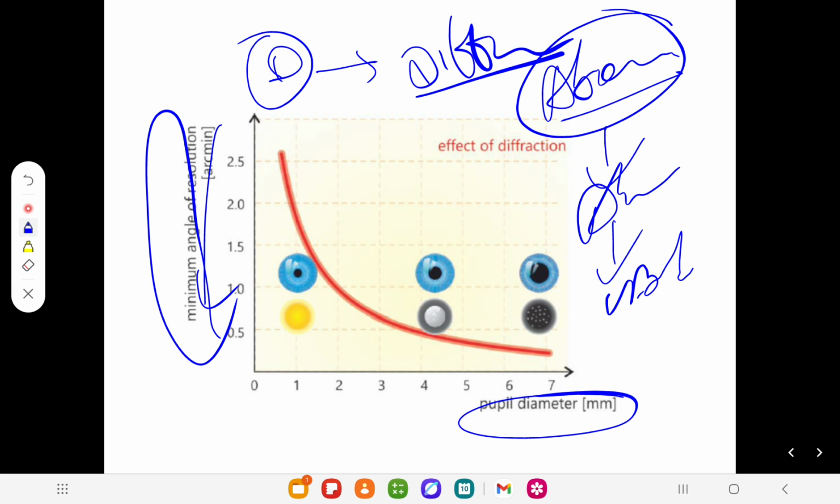There are a lot of things that are going to happen there. So it's not just about diffraction and we simply think as the pupil dilates, visual acuity improves. No, that's not the case. But in one way, if we are considering only diffraction, then that's the case. If pupil size increases, based on diffraction, based on Rayleigh criteria, visual acuity must improve. But it's not just a case where we only consider diffraction. Okay, fine.